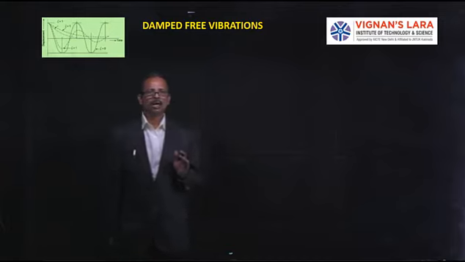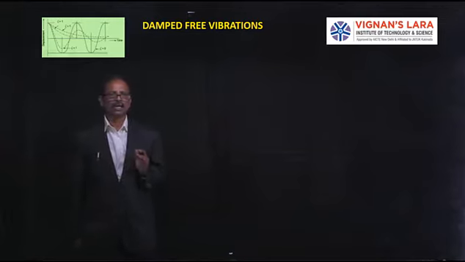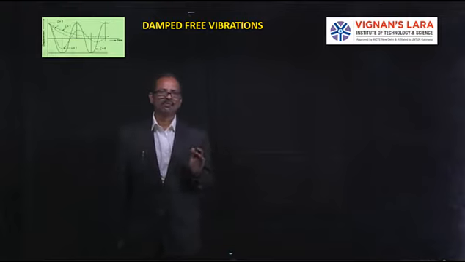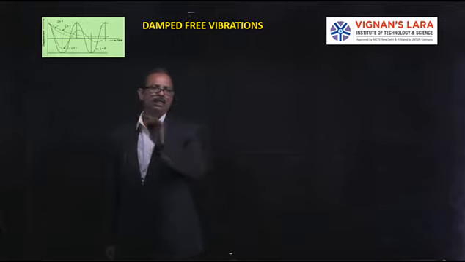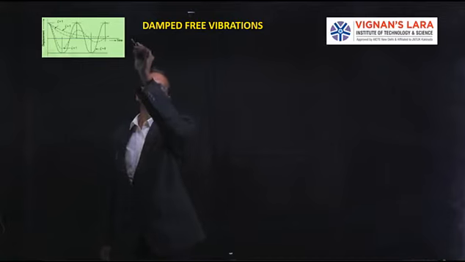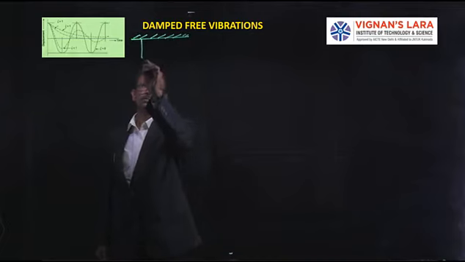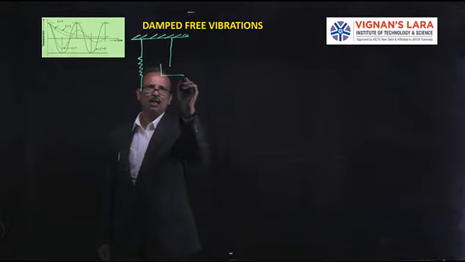Okay, so how can we generate a governing equation for this, and what are the various parameters essential to explain the behavior of a damped free vibration? Let us see. In a damped free vibration category, we represent the system like this. There is a spring mass system with a dashpot, also called a damper.